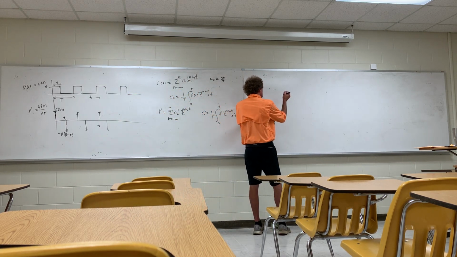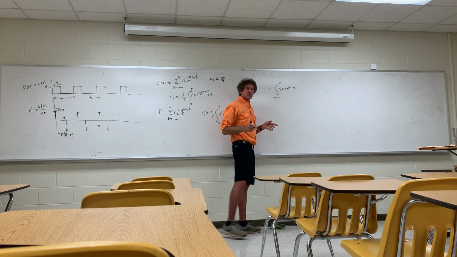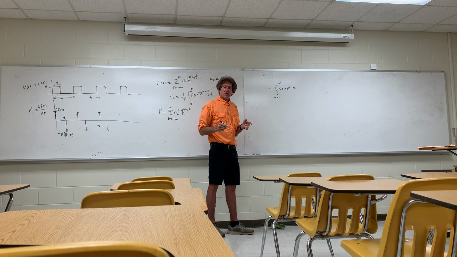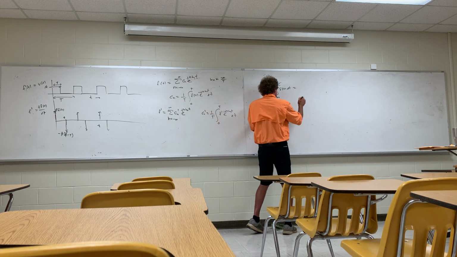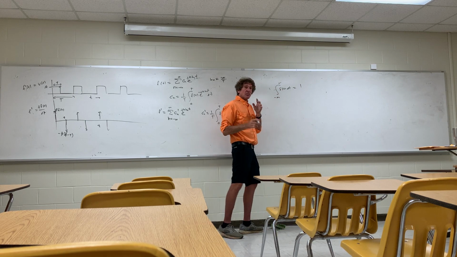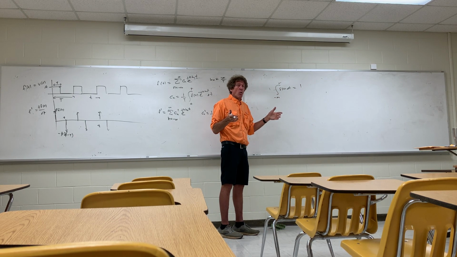Now, what happens if I integrate a delta function of t dt from minus infinity to infinity? Can anybody tell me? It just equals the value, whatever the coefficient of delta is. It's 1 in there, right? And that's the truth. Whenever you integrate through a delta function, you get 1, that's it.